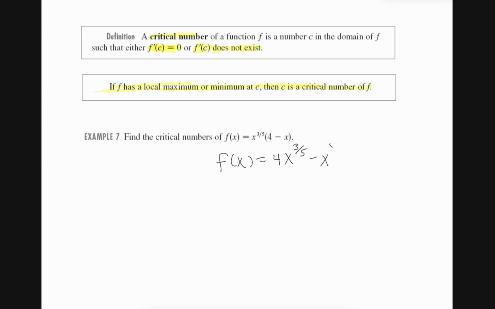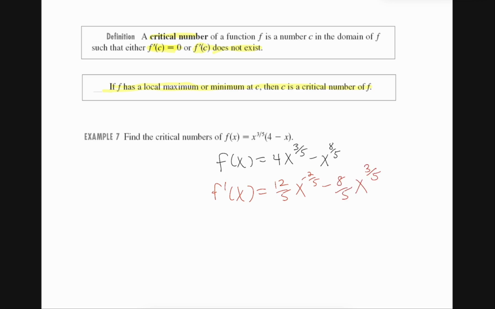So that would be x to the 8 halves. Not 8 halves, I'm sorry, 8 fifths. Our derivative, let's drop the 3 fifths down in front. That's 12 fifths. Power goes down by 1. Drop the power down in front. Power goes down by 1.